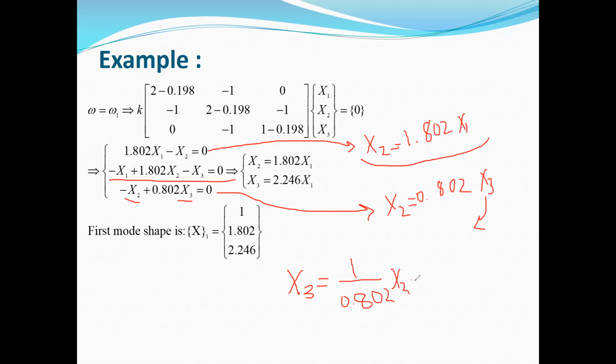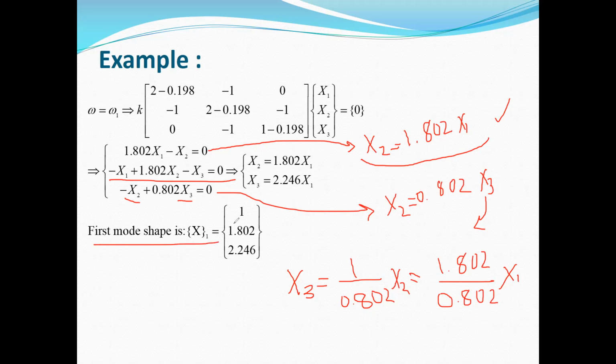And we know from the first equation that x2 is a function of x1, so we can write x3 as a function of x1, equal to 1.802 divided by 0.802 times x1. So you can see we found x2 and x3 as functions of x1, and this is the first mode shape.